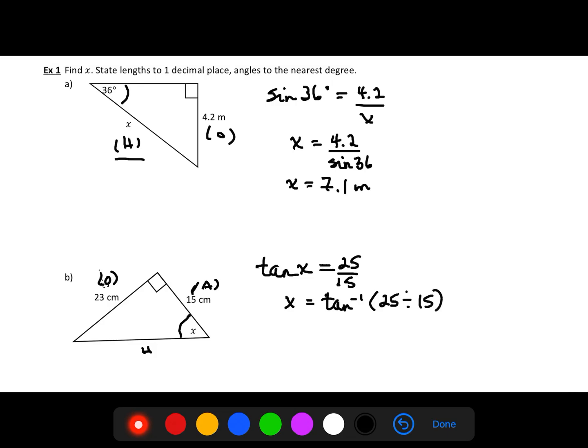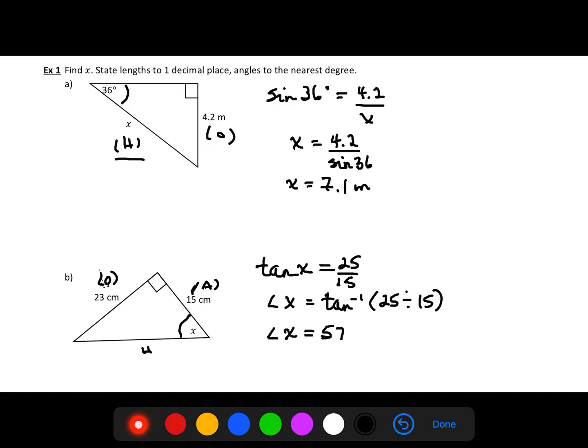So we're going to do our shift tan for most of us in our calculators, and we're just going to make sure that we put our 23 divided by 15 in brackets so it finds the decimal before it does our inverse tan. So you may have to put 23 divided by 15, use that decimal, then do inverse tan. You may have to do inverse tan first and then divide by 23 divided by 15, depending on your calculator.